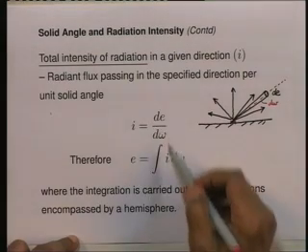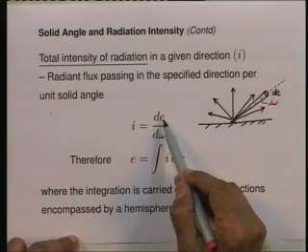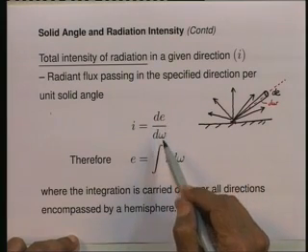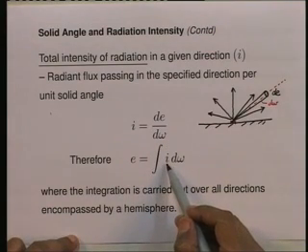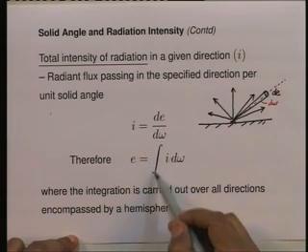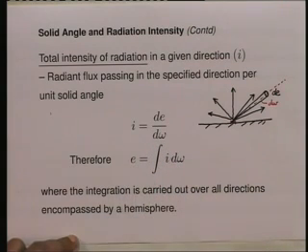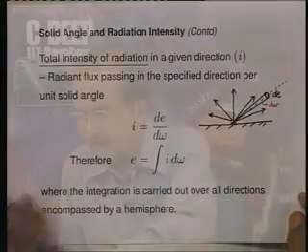So, there are two ways of looking at I. One is it is the radiant flux, so many watts per meter squared per unit solid angle in a given direction, or it is that quantity which, when integrated over all directions encompassed by a hemisphere, will give me the emissive power of a surface. And the word total implies that we are talking about something which is summed over all wavelengths. Intensity means you have to sum it over all directions to get the emissive power.